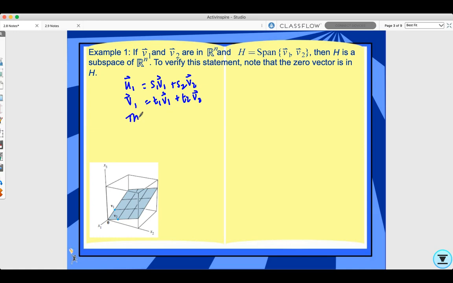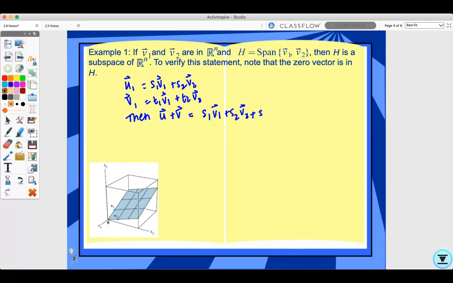Then u plus v equals s1 v1 plus s2 v2 plus t1 v1 plus t2 v2.